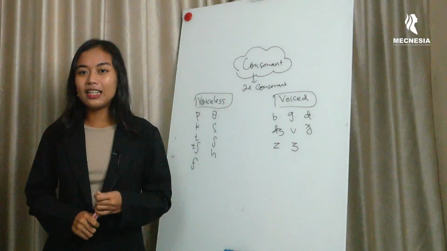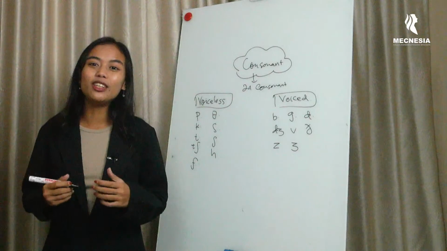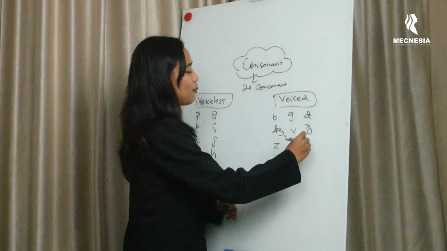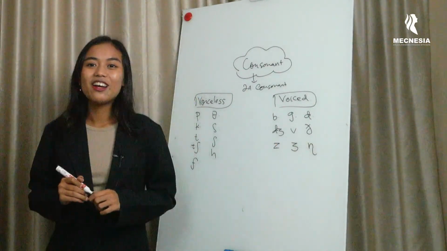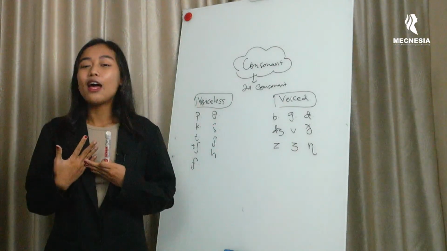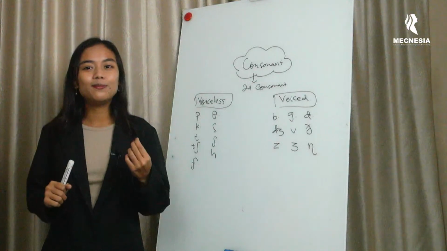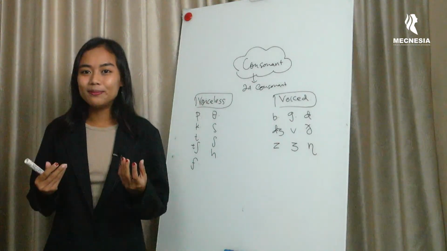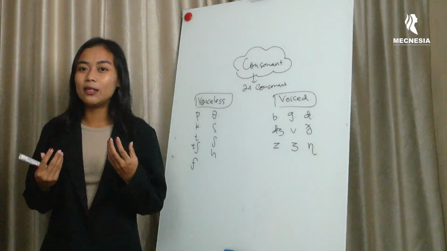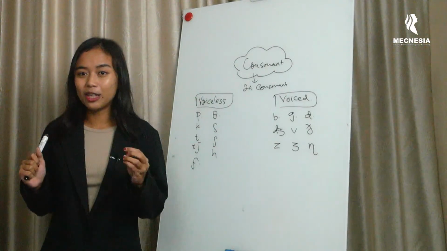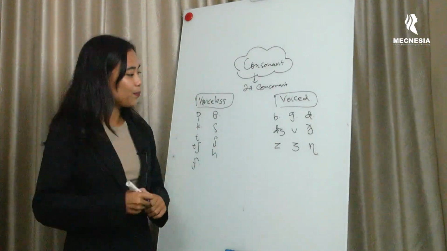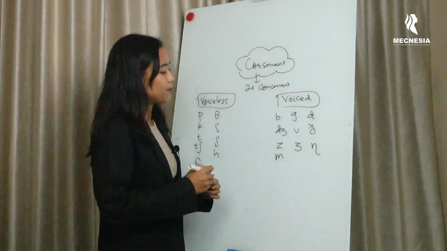The next one is ng sound. Bunyi eng. Yang bakal kita temuin di kata ring. Ring. Then the next one is m sound. Bunyi yang bakal kita temuin di kata man. Man.